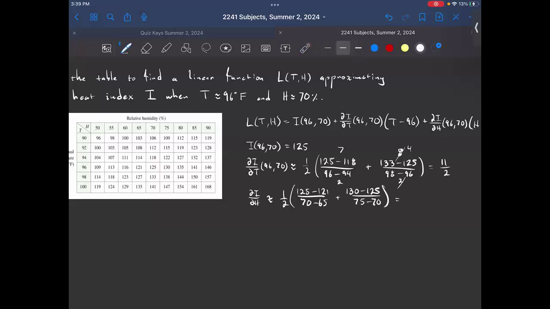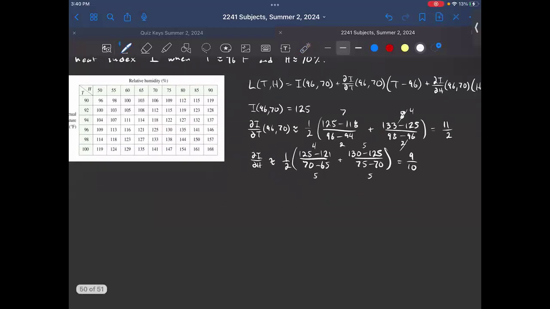Okay. And if we go ahead and compute these, that's 4 over 5, that's 5 over 5, and so we get 9 over 10. Okay, so those are going to be our approximate derivatives.